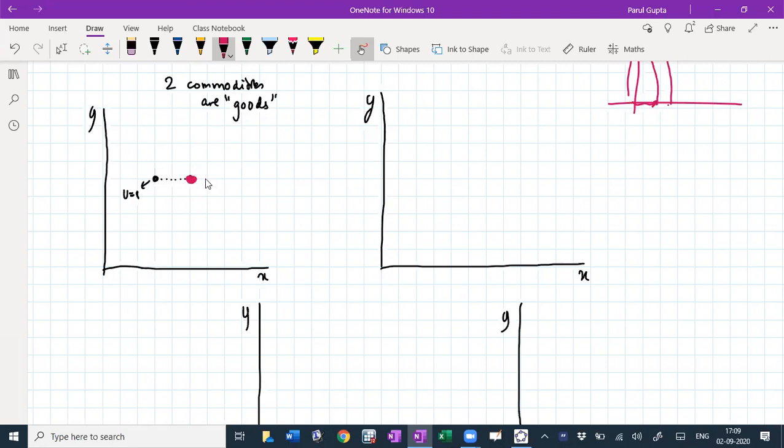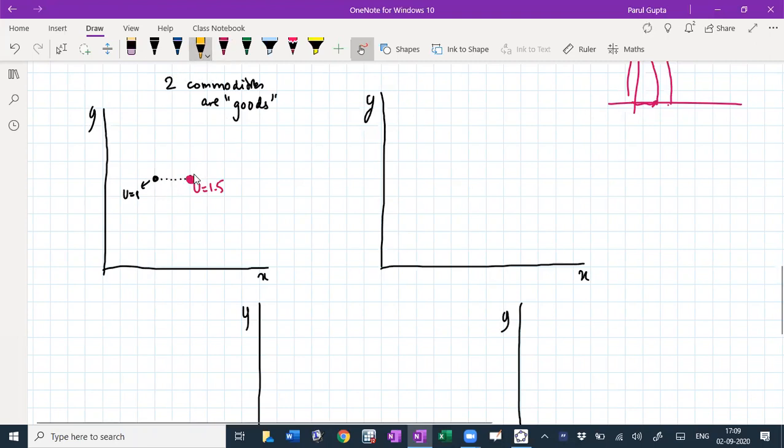Can these two lie on the same indifference curve if both the commodities are goods? No. If this is giving me more utility than 1, maybe this is 1.5, and I want all bundles which give me the same utility as 1. So these two points can't be on the same indifference curve.